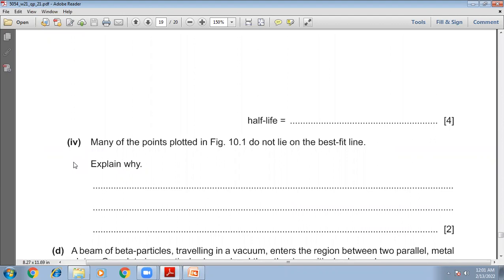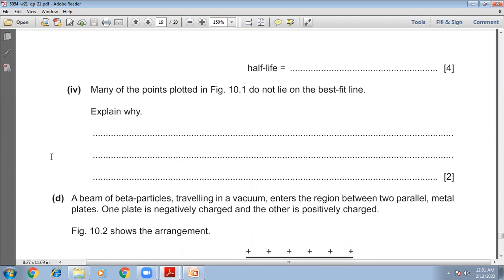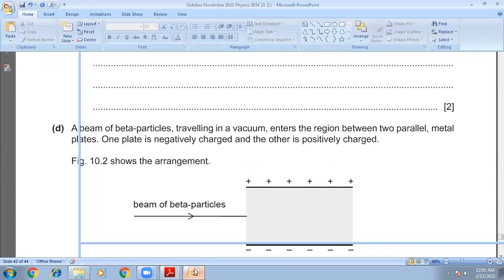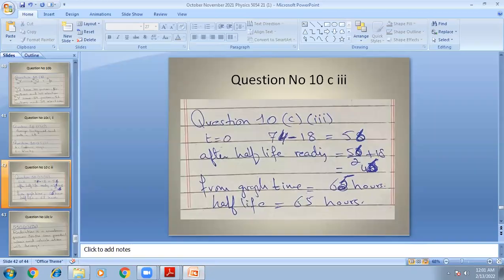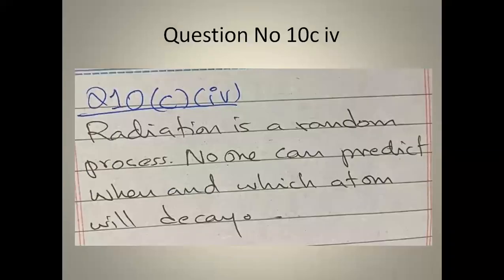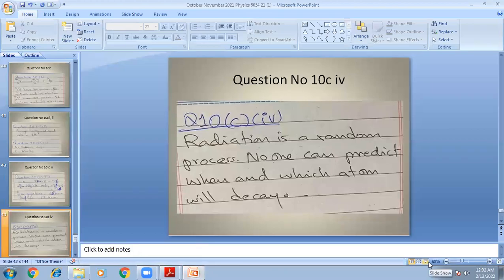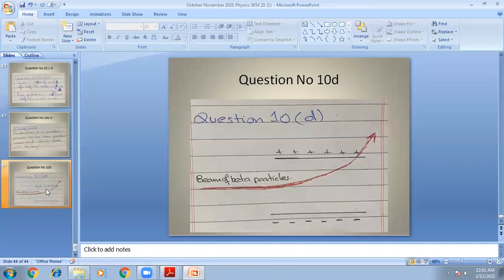That's why the count rate is all the time varying, it's changing, because the radiation is a random process. So it's a 2 marks question. Let me show you my answer. Radiation is a random process. No one can predict when and which atom will decay. So that's why the readings are not on the line of best fit.